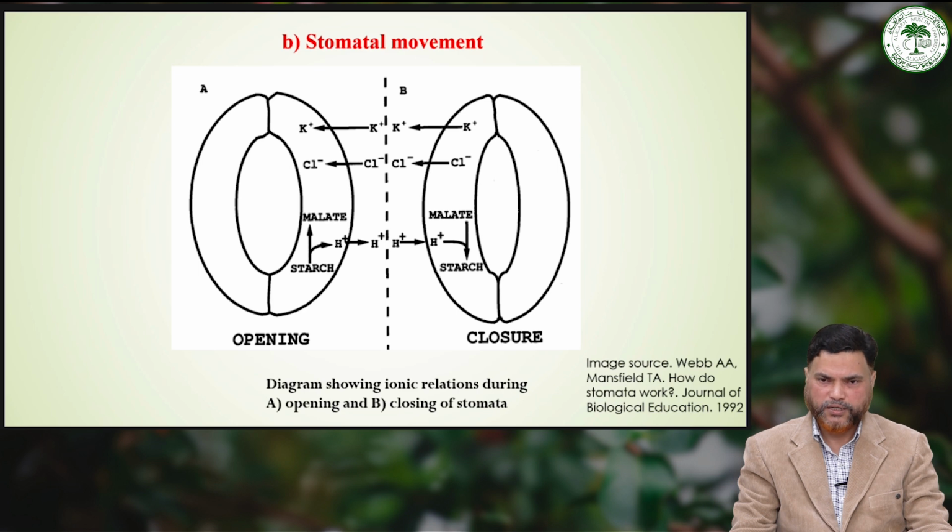So, this influx of water enhances the turgor pressure within the guard cells, leading to opening of the stomata. However, what happens in the dark? The closure of stomata is linked to the outward movement of potassium and a subsequent decrease in the osmotic pressure of the guard cell. You see on the right side figure.